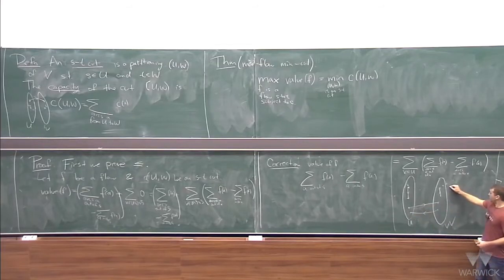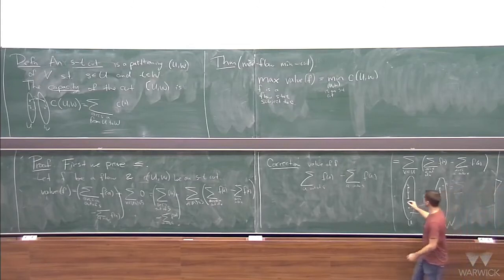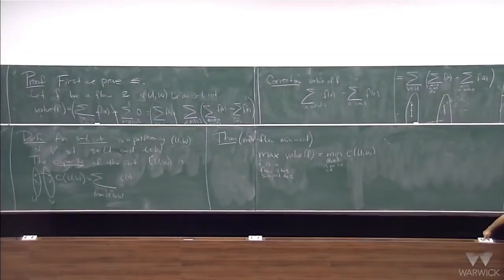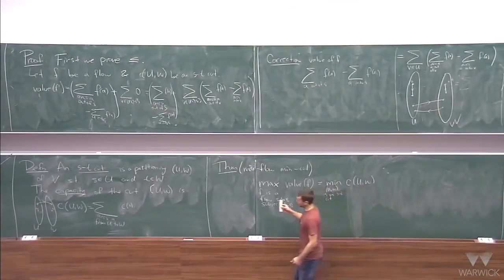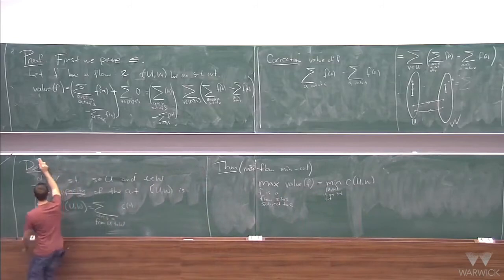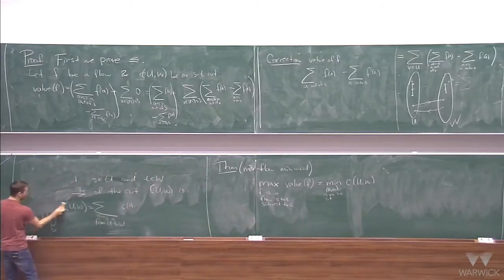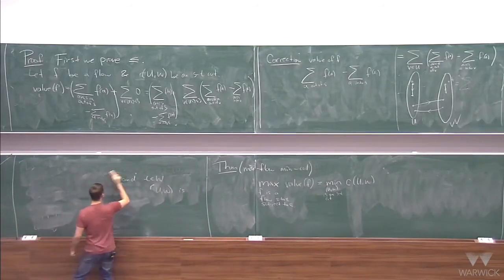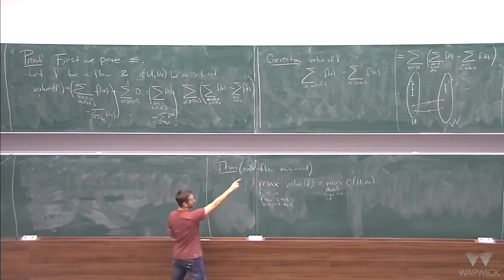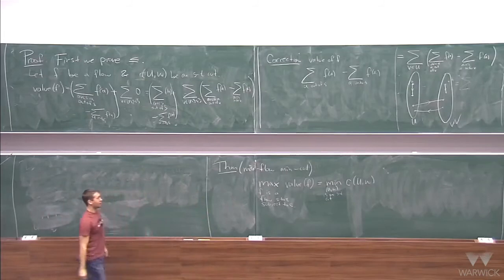So if you go through that picture and look at what cancels and what doesn't get counted, what you end up with is, continuing from that expression at the top on the right.